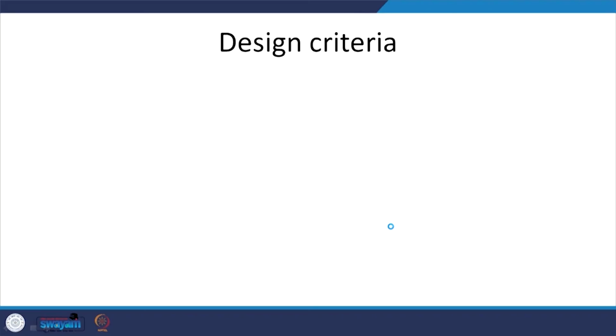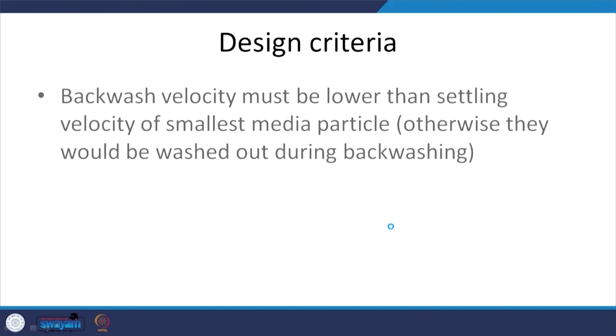So, design criteria with respect to backwash: what is it that I need to be concerned about? The first aspect is that the backwash velocity must be lower than the settling velocity of the smallest media particle. Why is that? When I am backwashing, the particles are not compact or settled anymore, they are fluidized, but gravity is still going to pull them down.